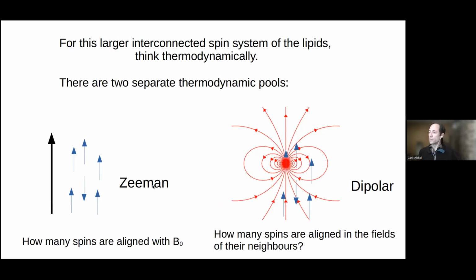So these are two different figures of merit of these two different systems that have to do with the same set of spins, but different aspects of how they're ordered. Again, the Zeeman energy has to do with how many spins are aligned or anti-aligned with the magnetic field, and the dipolar reservoir, how many spins are aligned in the fields of their neighbors.